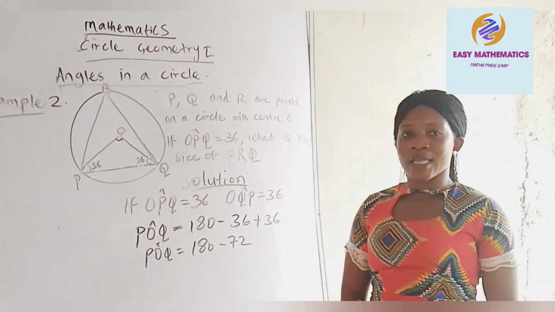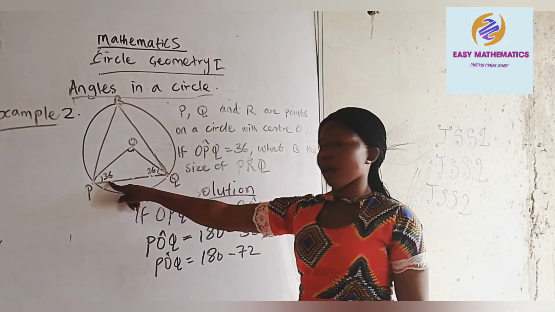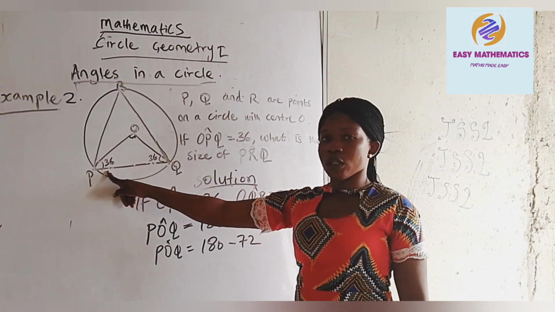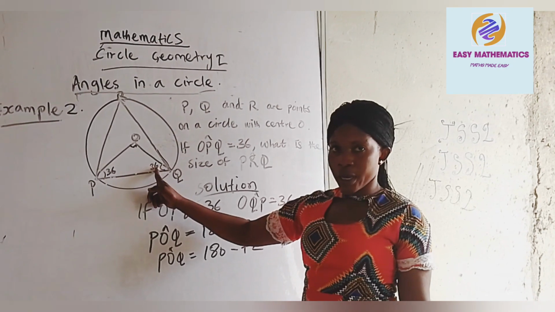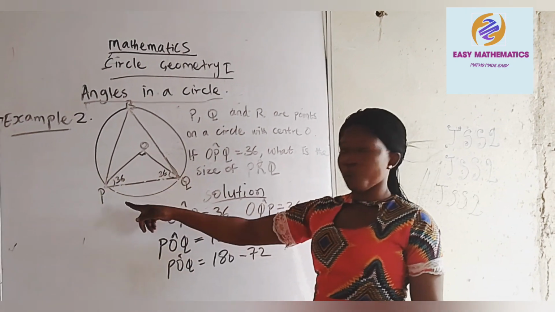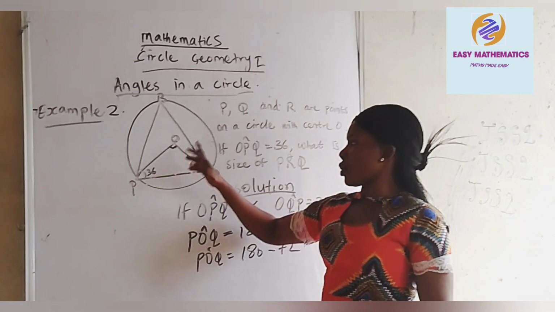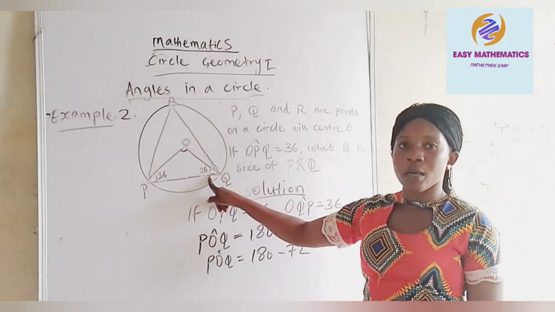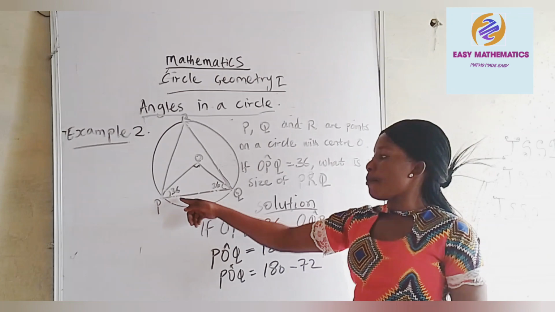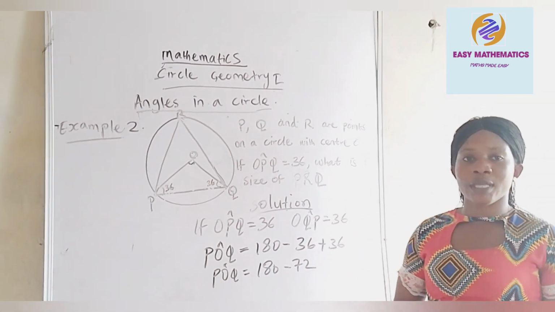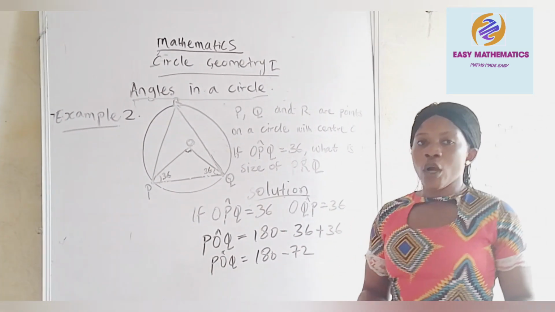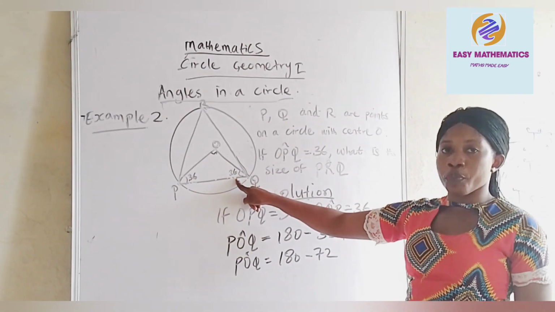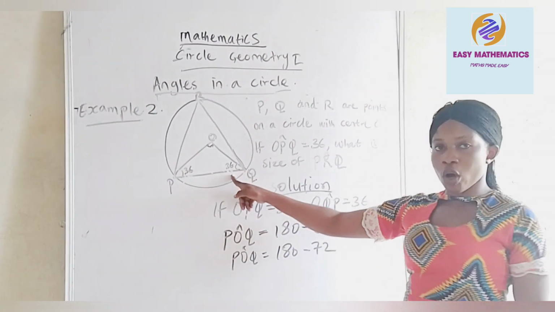Remember, when we started initially, it was just OPQ that was given. So how did we get this OQP? We said base angles in an isosceles triangle are equal. That is to say, if here is 36, it means that here will also be 36. So that is how we got this 36 here.